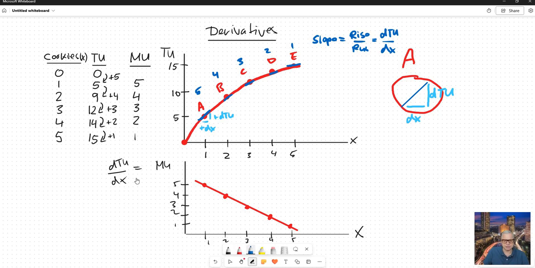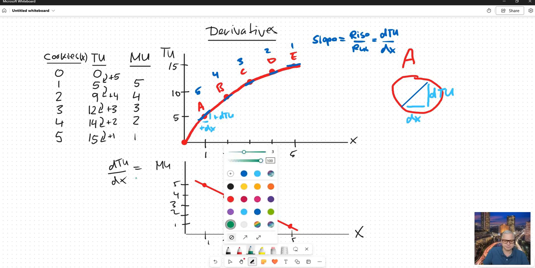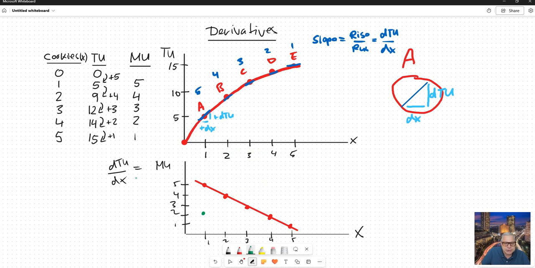Let's give this a different color, maybe green. So that means the marginal cost is always 2. So for the first cookie, if you have to pay 2 but you get a utility of 5, of course you have the cookie because you get this distance here in extra surplus.